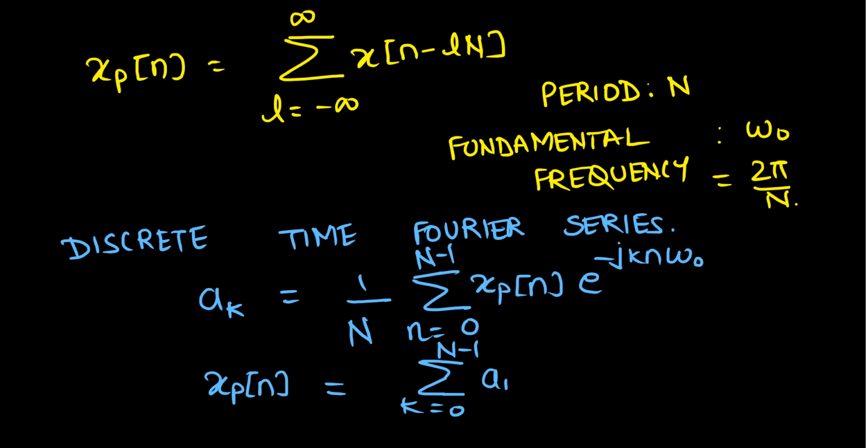So it is a_k into e to the power j k n omega naught.